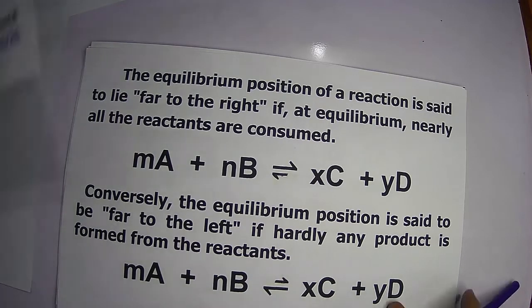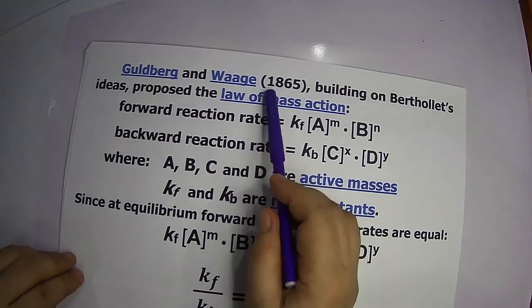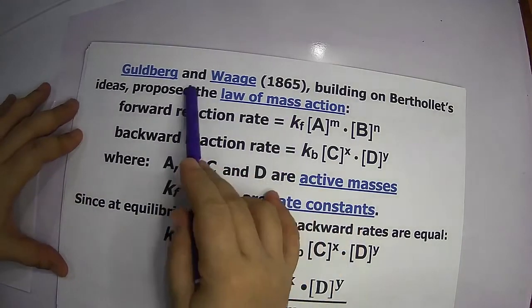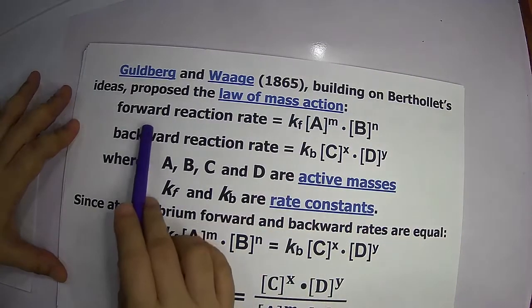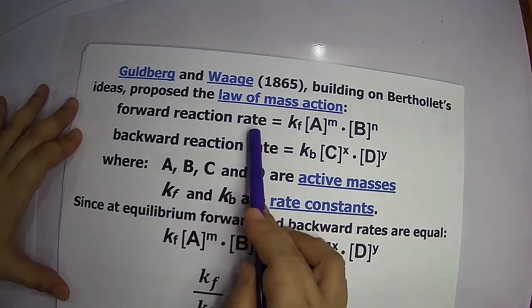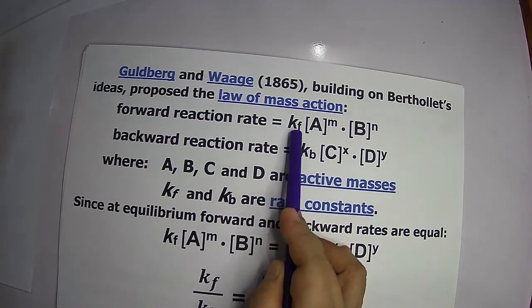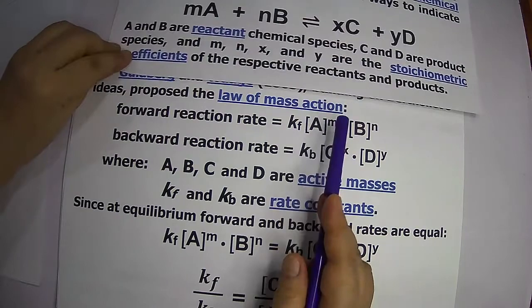place. Okay, moving on, in 1865, Guldberg and Waage, building on Berthollet's ideas, proposed the law of mass action, where they said that the forward rate is proportional to a constant multiplied by the product of the concentrations of the reactants.